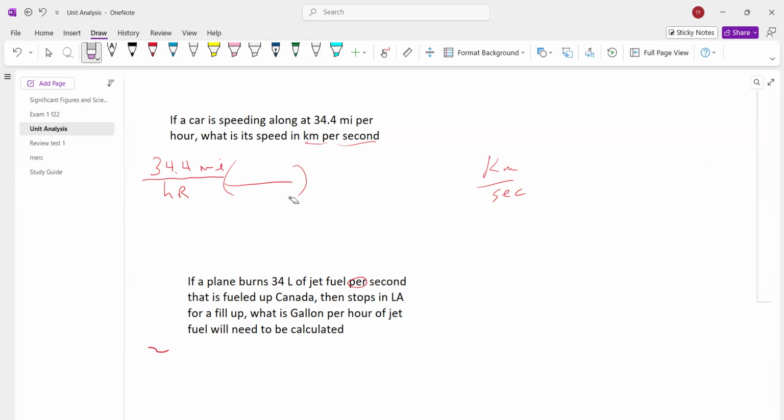We're going to go hours to minutes, minutes to seconds. That'll get our seconds for our calculator. So we need 60 minutes, 60 seconds. Now we need to go miles to kilometers.